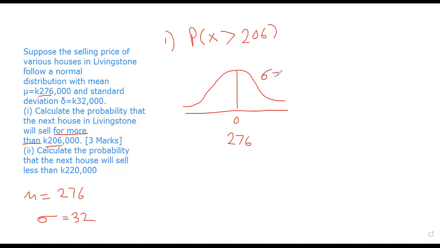On the left, because it's less than. Good, on the left. So we put our divider here. You put 206 here. Where are we going to shade? On the left or on the right of 206?